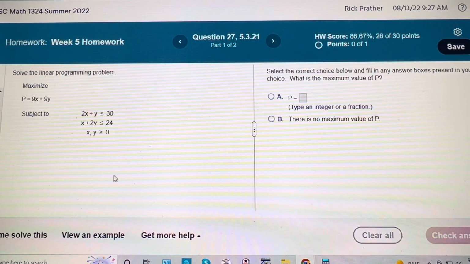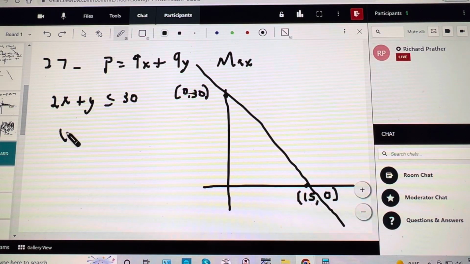But now there's a second one, x plus 2y is less than or equal to 24. Plug 0 in for y, x would be 24, which I should have left some room for that maybe.